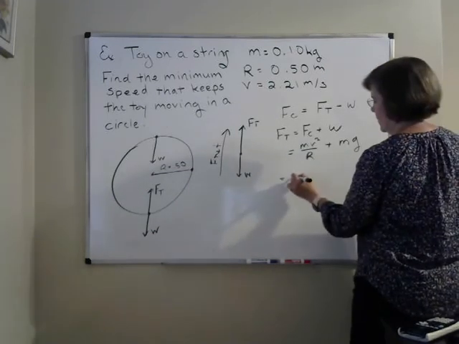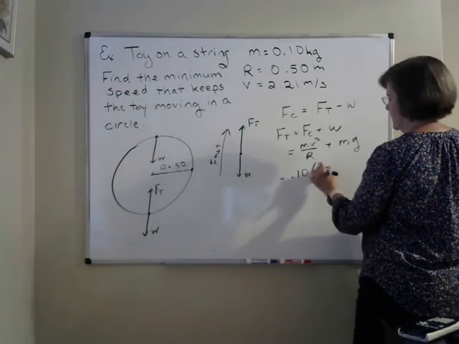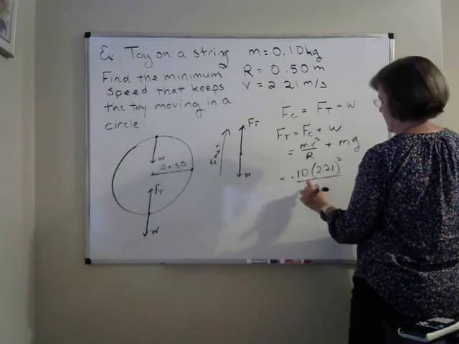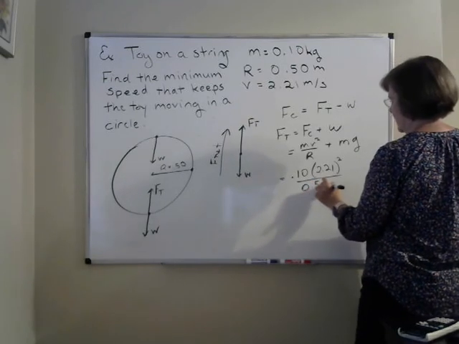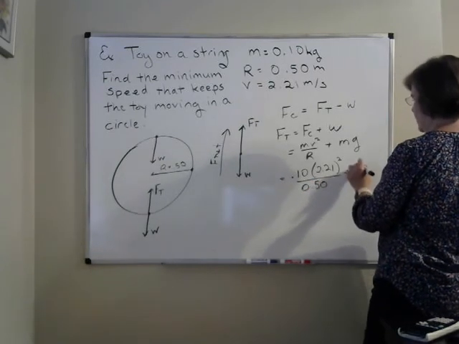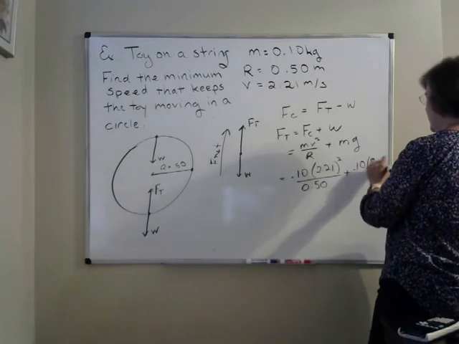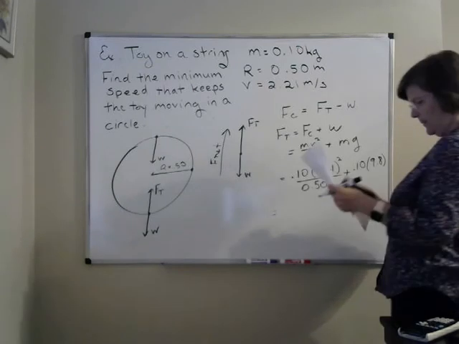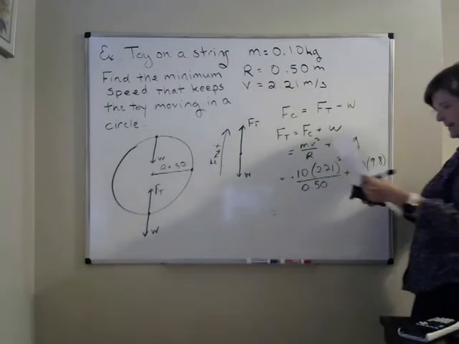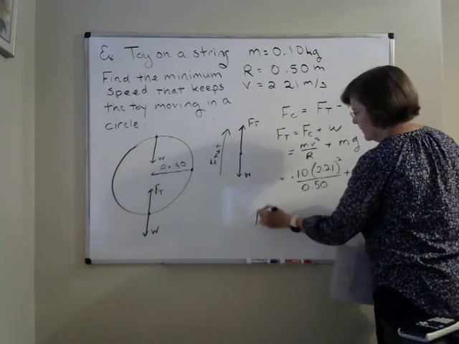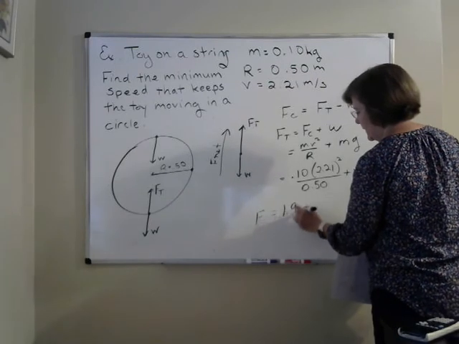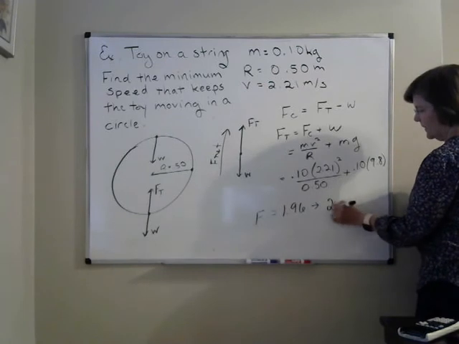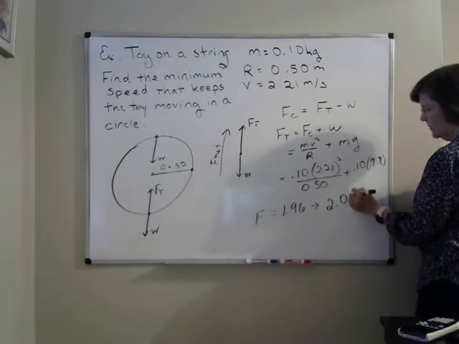So 0.10 times 2.21 squared over 0.50, plus 0.10 times 9.8. When I plug all of that in, the tension at the bottom comes out to be 1.96, so to two significant digits, 2.0 newtons.